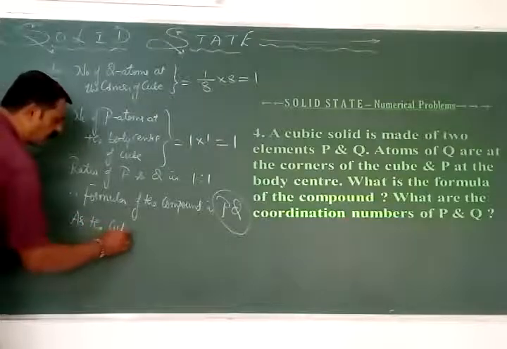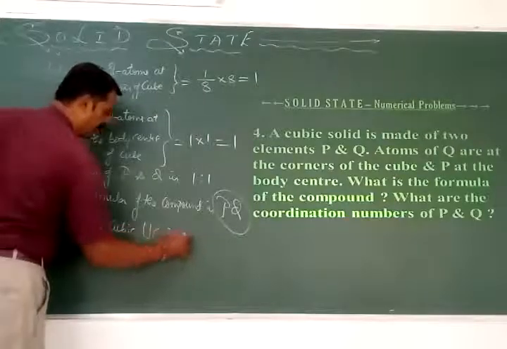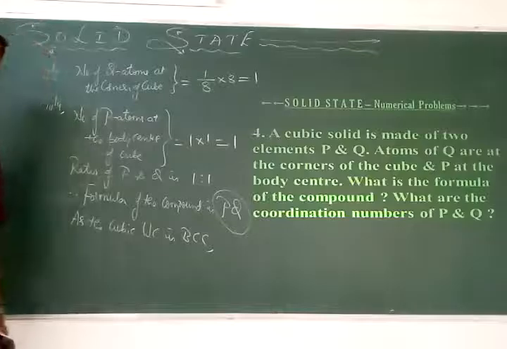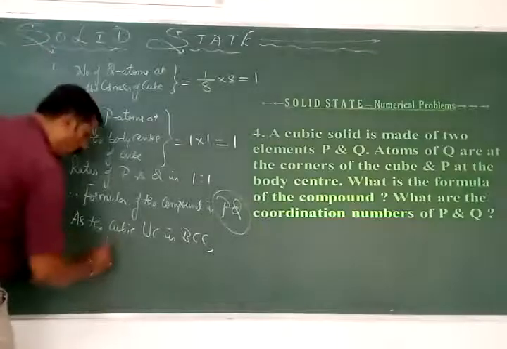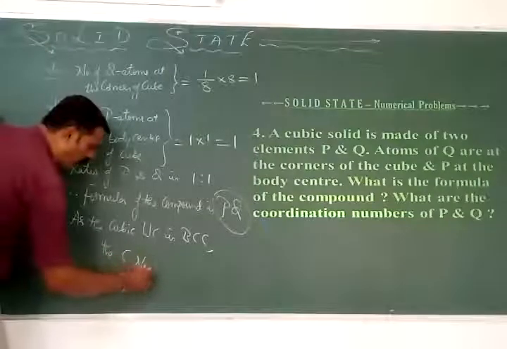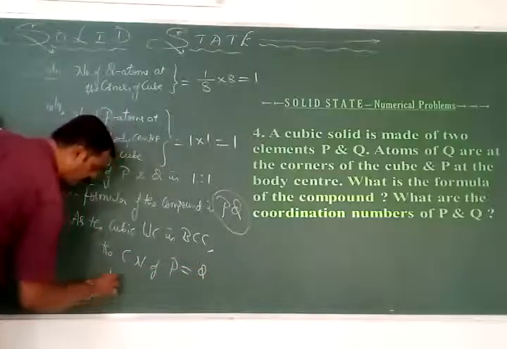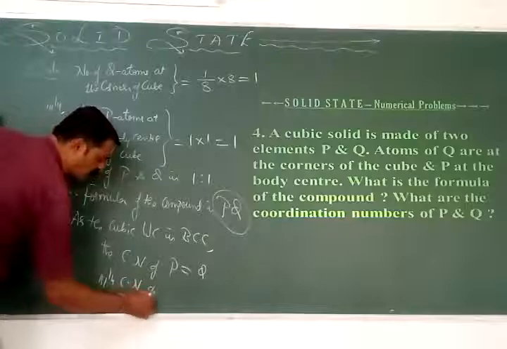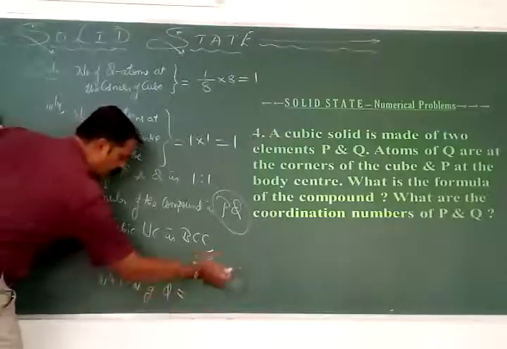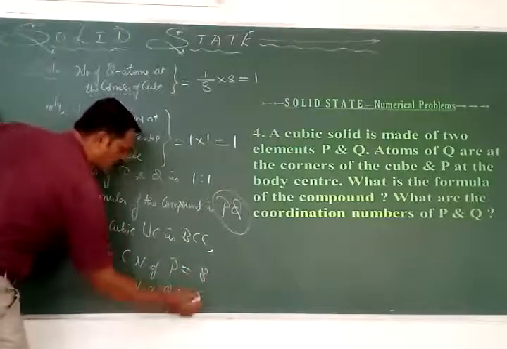As the cubic unit cell is BCC, the coordination number of P is equal to 8. Similarly, the coordination number of Q is also 8, because it is an example. Coordination number for this one is going to be 8 and this also.